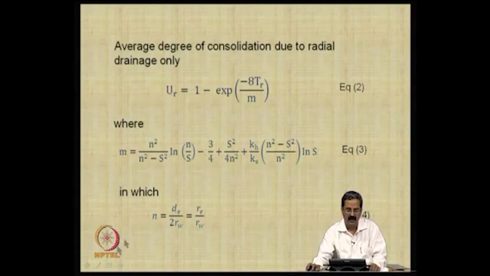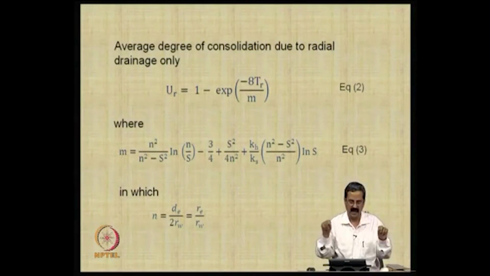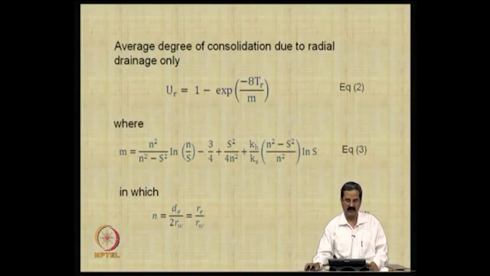So we need to calculate the drain spacing ratio, which is nothing but R_E by R_W, where R_E is the equivalent radius of the configuration, because we assume that each drain has an influencing area around it, and the radius of that is R_E, and R_W is the radius of the drain.